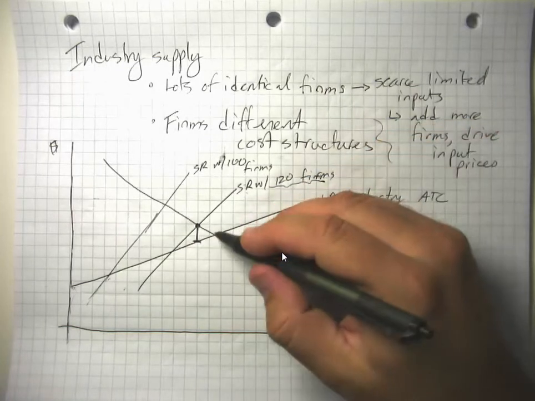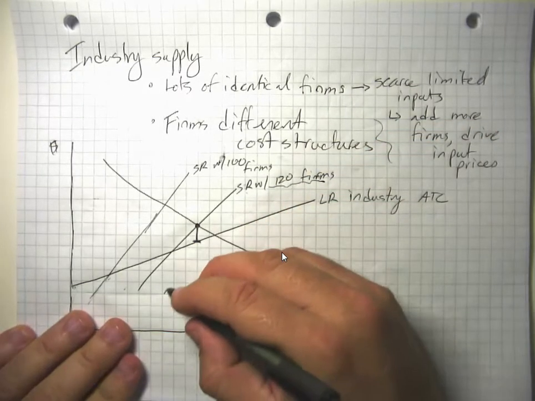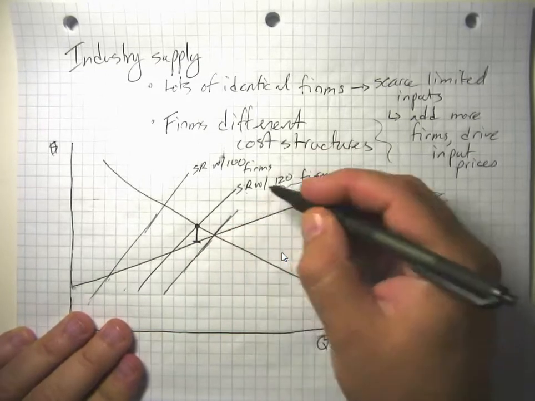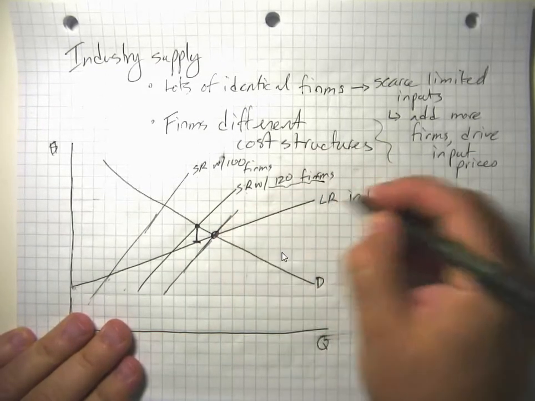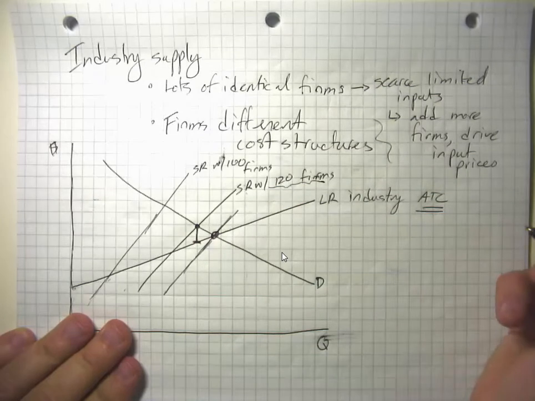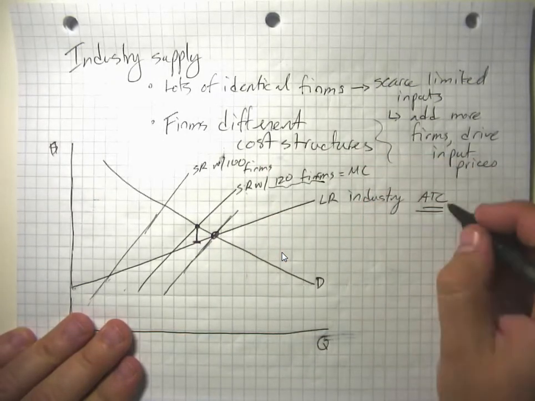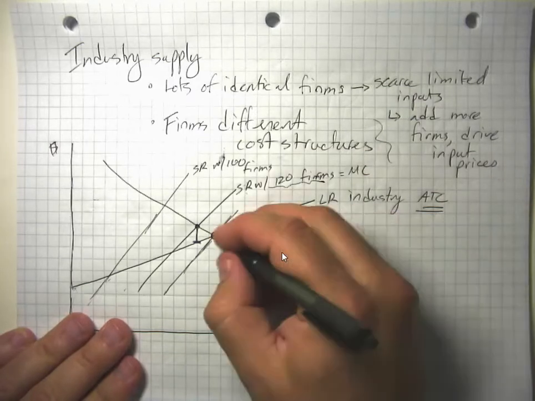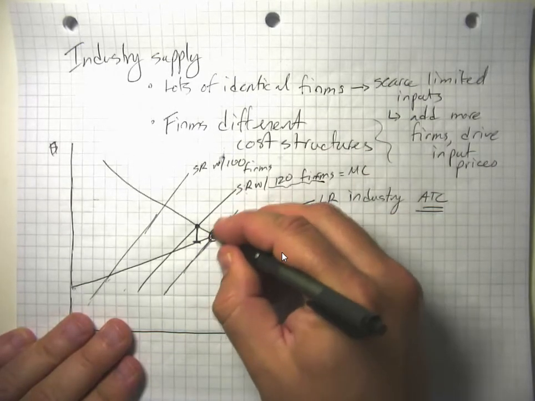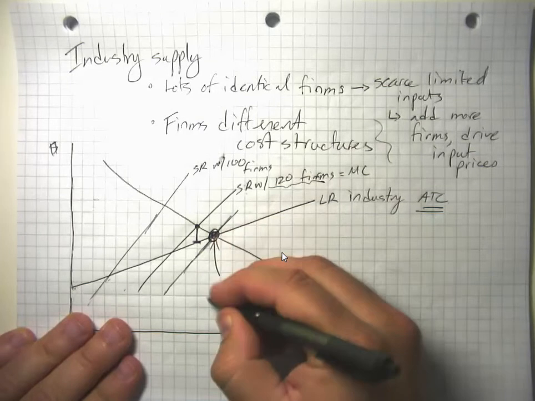So firms are going to enter the industry, and they're going to keep on entering the industry until prices match average total costs. So this short run curve is from marginal cost, the long run is from average total cost, and here we get our long run industry equilibrium.